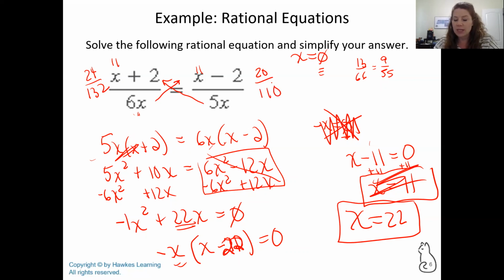Right? So what's 24 divided by 132? I get 0.18 repeating, and then 20 divided by 110 is, there we go, also 0.18 repeating. Okay, now they're equal, which means now my answer is right.